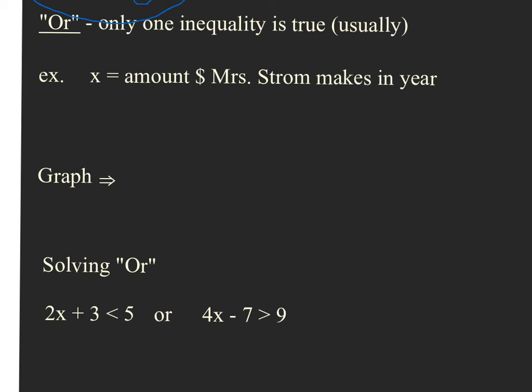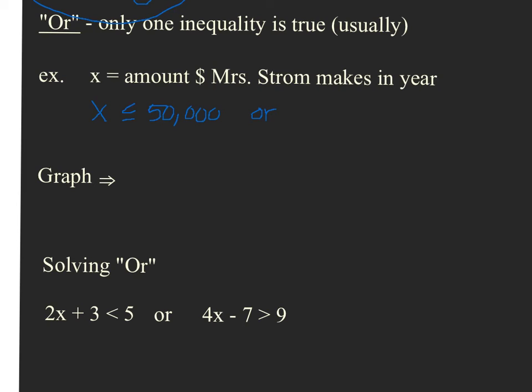Okay, let's say x stands for the amount of money that I make in a year. Now, with my math degree, this could actually vary quite a bit. I've chosen to be a teacher. So as a teacher, I'm going to make less than or equal to, let's just say 50,000. I'm not actually going to talk to you about what I really make, but let's just say it's 50,000.